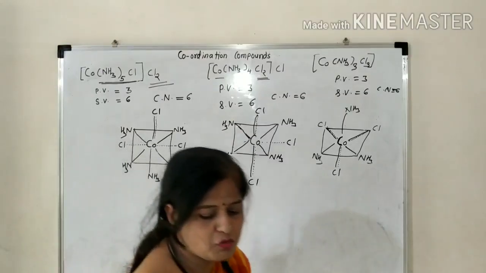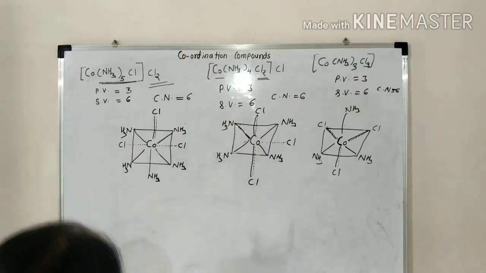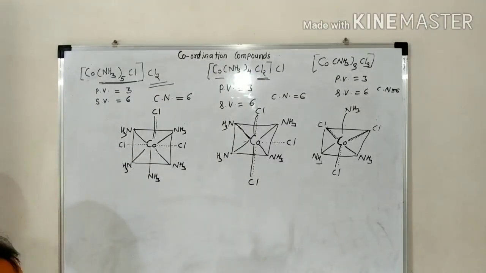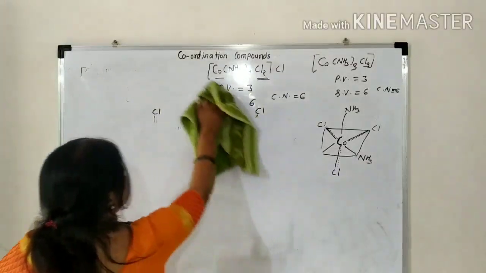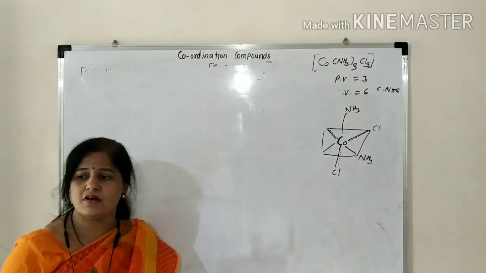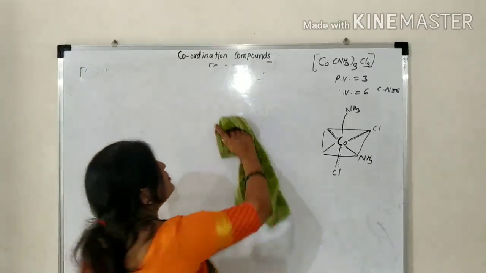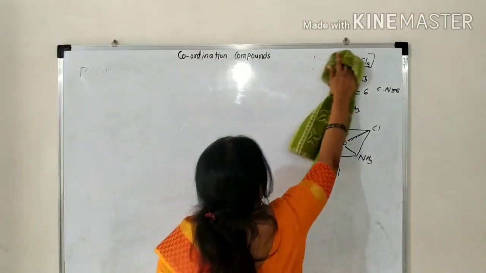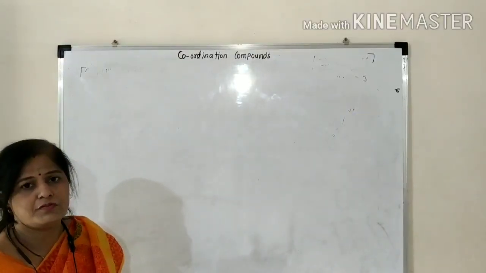Now, classification of coordination complexes on the basis of types of ligands. You can draw any complex structure from this. If the coordination number is 6, then the geometry of the coordination complex is octahedral. If the coordination number is 4, then the geometry will be square planar or tetrahedral. Remember it.